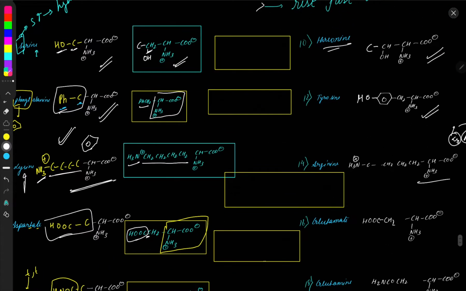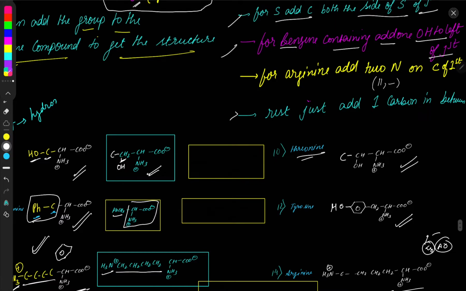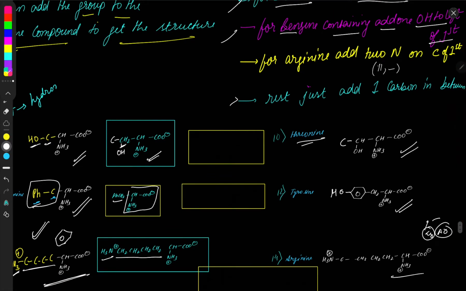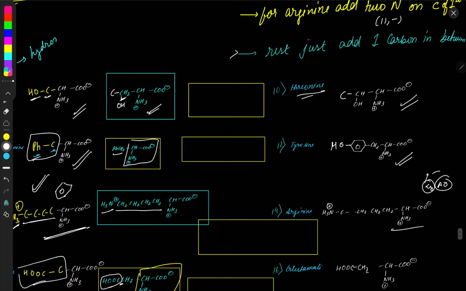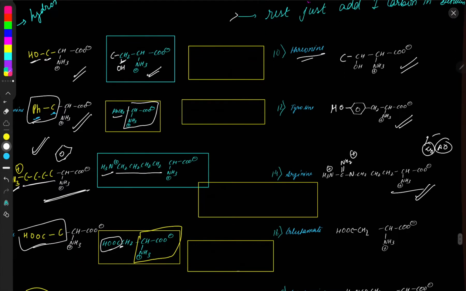The structure of lysine was this. And what we have said is to add 2 nitrogen, one with double bond and one with single bond. Only this you have to remember as an exception. So on lysine, you add one nitrogen with a double bond here and one with a single bond here. So you got the structure for arginine also.